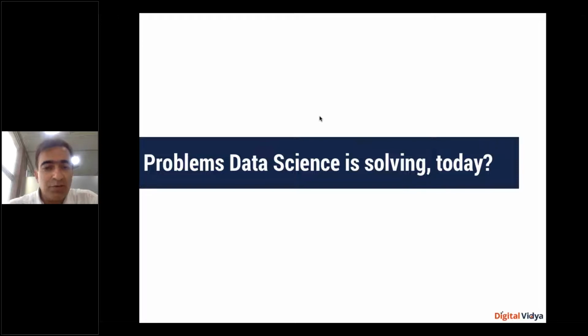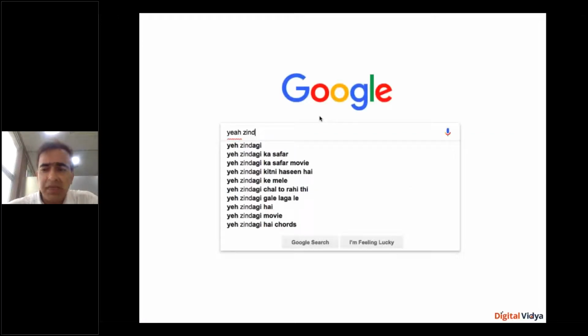So for example, if you go to Google and search in any language, it automatically corrects you. In most cases, it comes up with the exact term that you're searching for before you could even type it. The reason is that a group of data scientists has trained the entire machine.